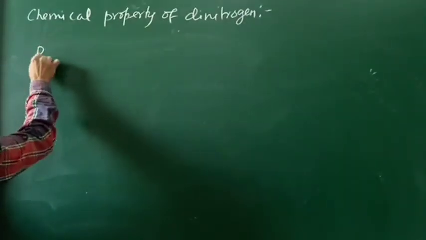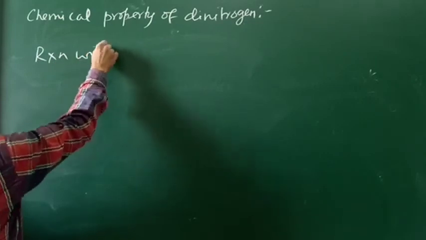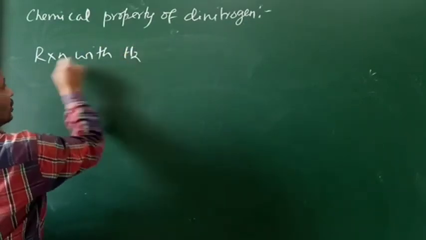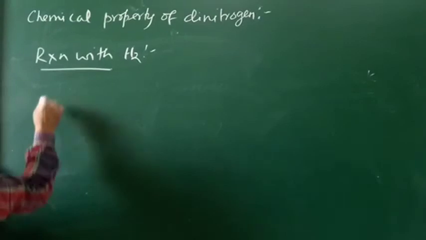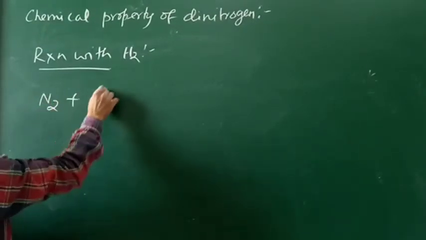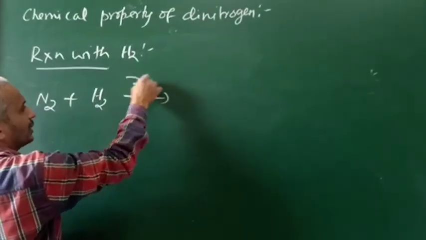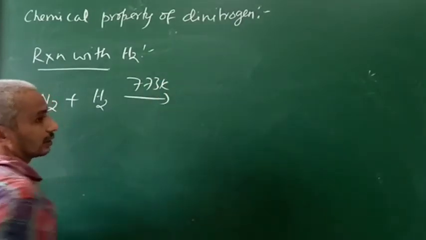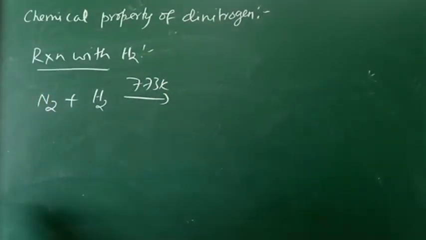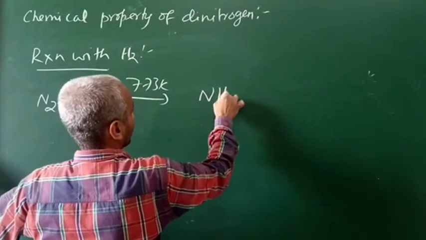Now, next one is reaction with dihydrogen. N2 plus hydrogen at 773 Kelvin. What can be the product? Product will be ammonia gas.